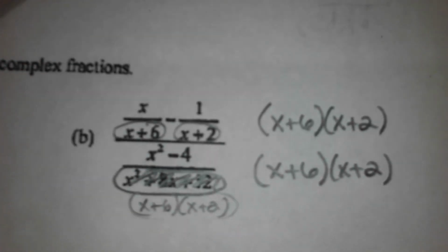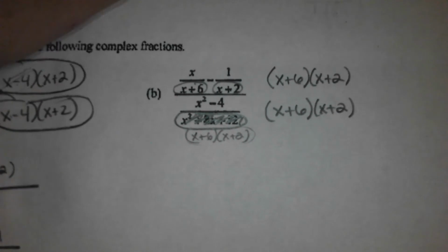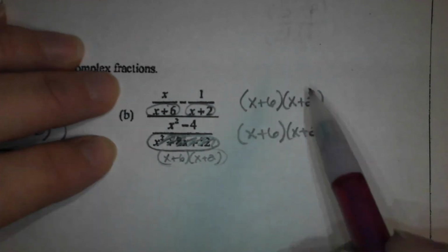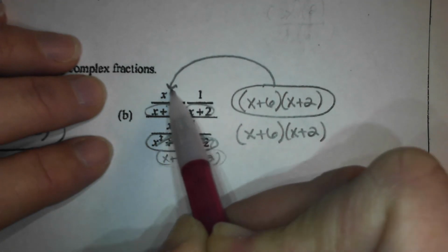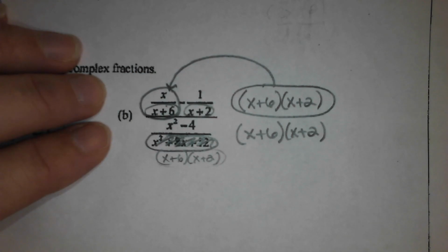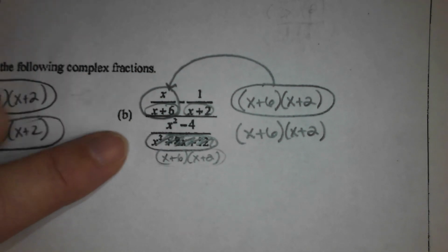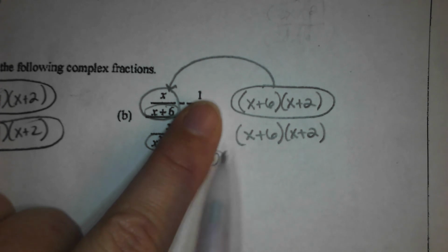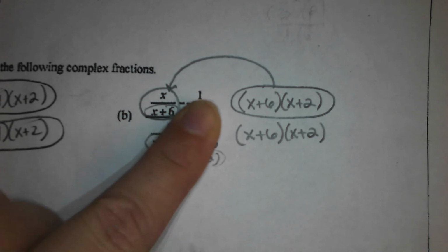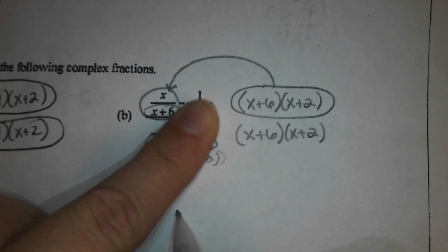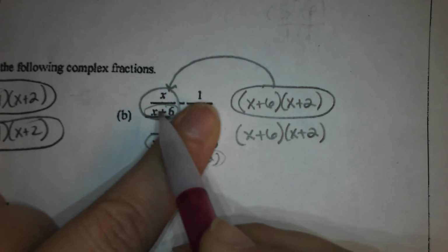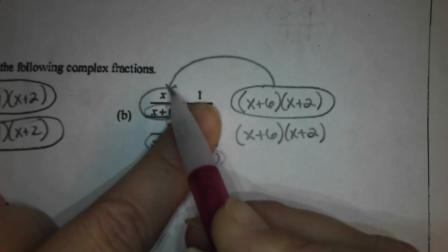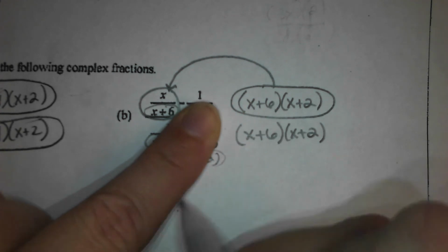The numerator is a binomial, so I'm going to have to distribute that one. The denominator is not, so I don't have to distribute. So let's go up top. And when I multiply this by my first fraction, so just ignore everything else. Angie, what's going to cancel when I do that? And what's left then? Not x over x plus 2. The over part should be gone because your denominator cancels, right? So it's just x plus 2. Okay.